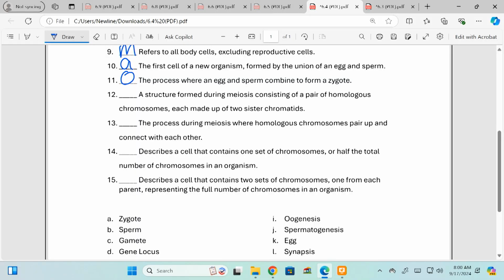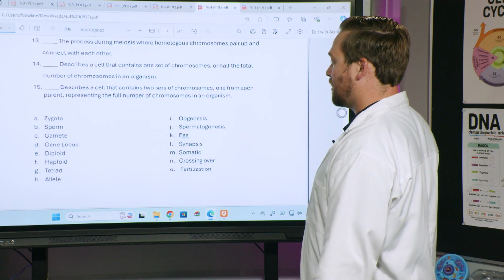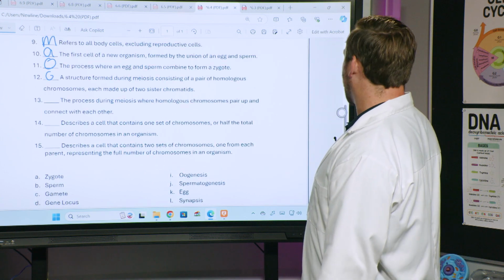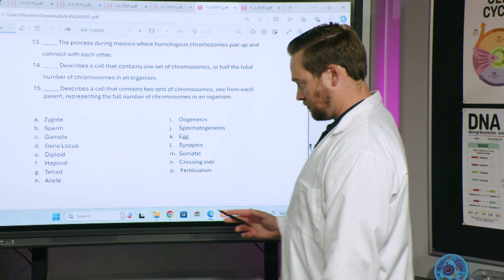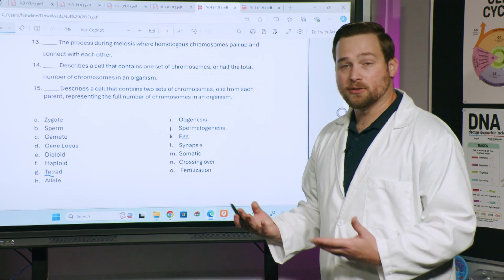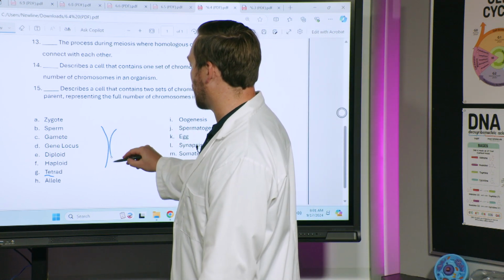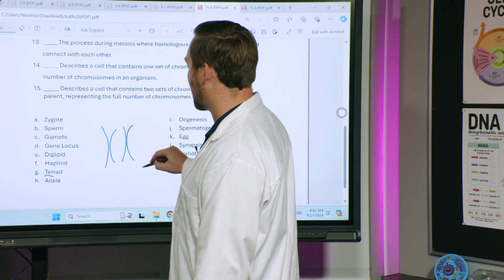12 says, a structure formed during meiosis consisting of a pair of homologous chromosomes, each made up of 2 sister chromatids. So for 12, I have G. G is a tetrad. Something I didn't mention earlier, this prefix tetra means 4. And so when those 2, this is kind of what homologous chromosomes look like. It's 2 X's right next to each other.